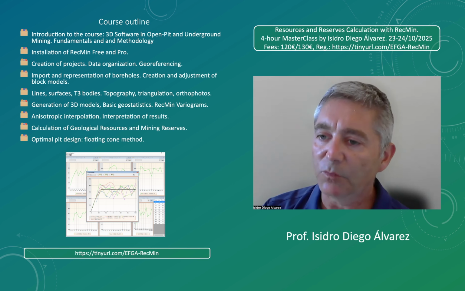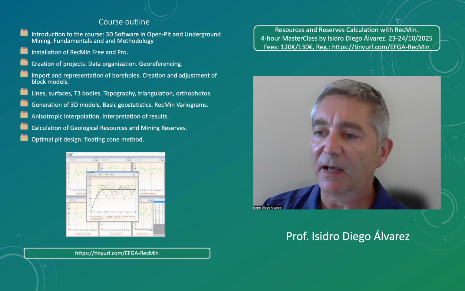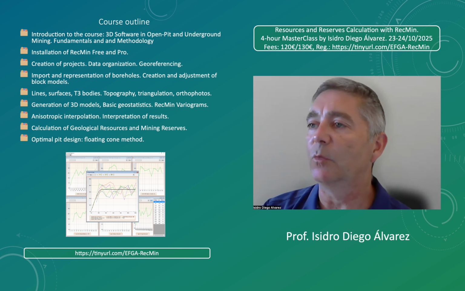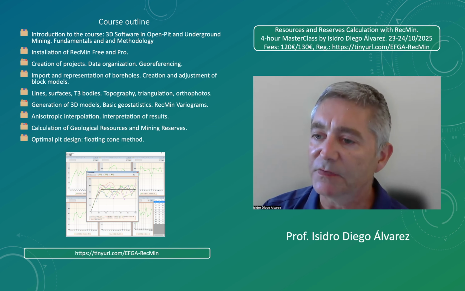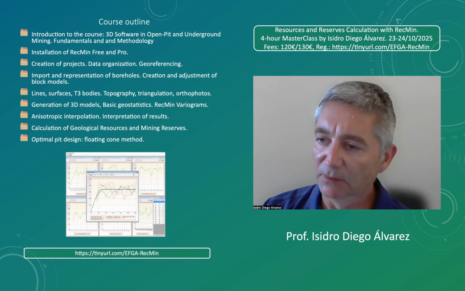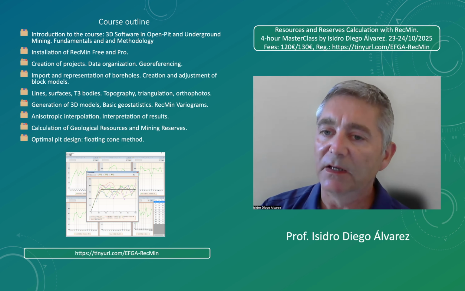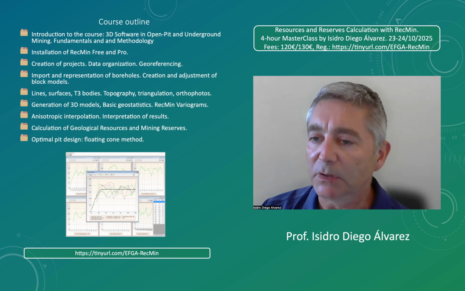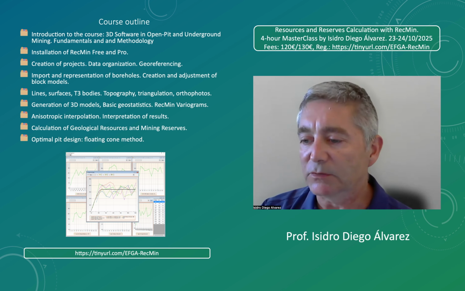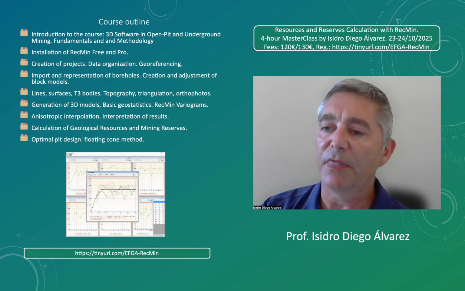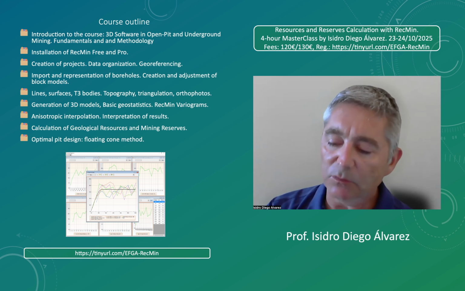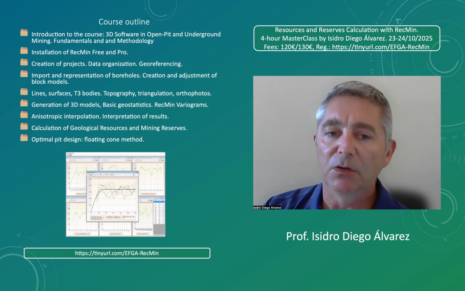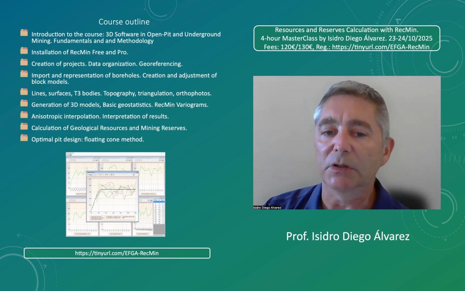From that floating cone method, a final pit design can be quickly developed, a pit design that will be economical. This is, we are going to obtain profit from this design, and this can all be done automatically by the software. This is just 4 hours, so of course it's going to be done in a quite simple way, but it is a good starting point to continue with the study of this software.